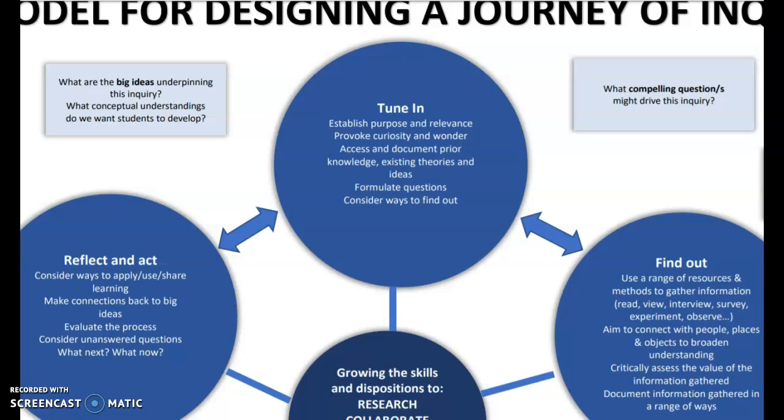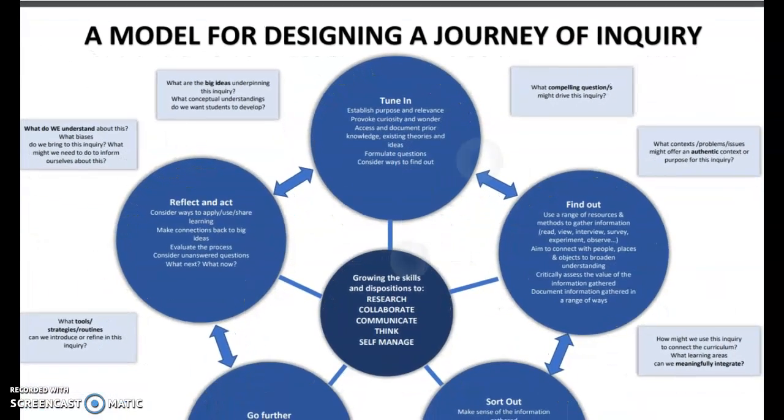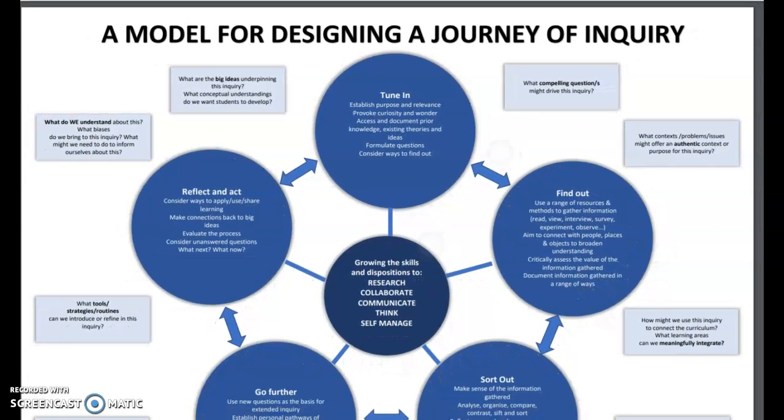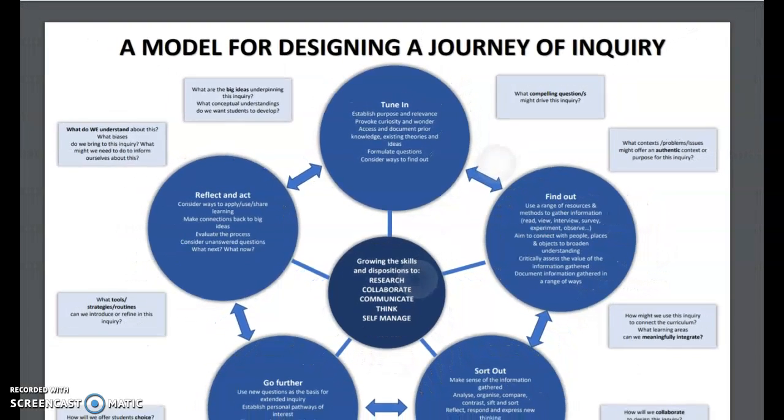The activity should be diagnostic to find out what students know and what they don't know. The activity should be focused around introducing students to new discourse and meta-language, for example. So we're accessing and documenting prior knowledge, and formulating questions. You'll need to do this for each of the stages in the inquiry model.